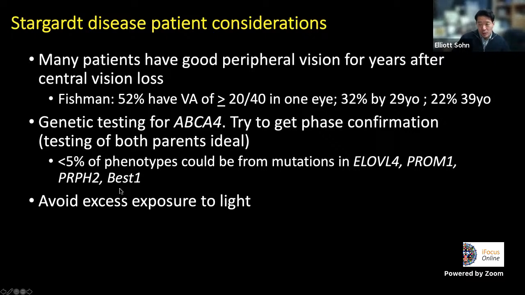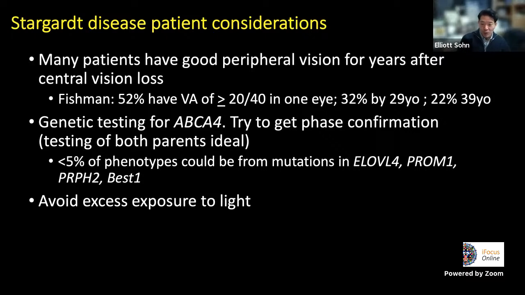So patients with Stargardt disease really will have acceleration of their disease with increased exposure to light. Certainly this has been seen in the mouse model, the knockout ABCA4 model, where if you rear them in the dark, they don't tend to have much loss of their outer segments of photoreceptors and have better preservation of vision.